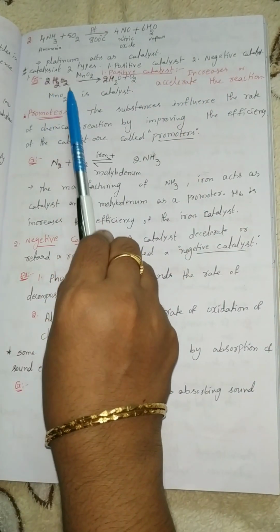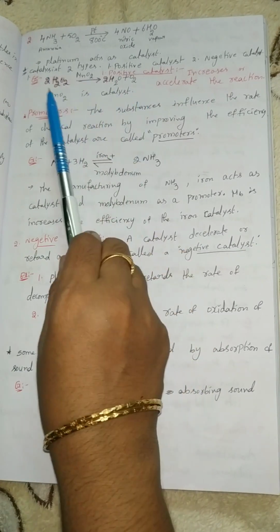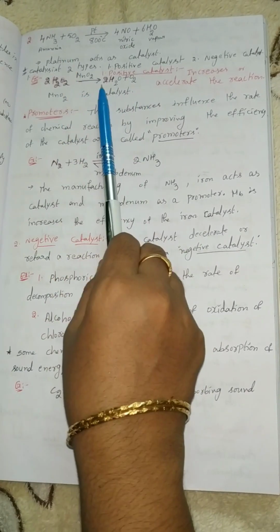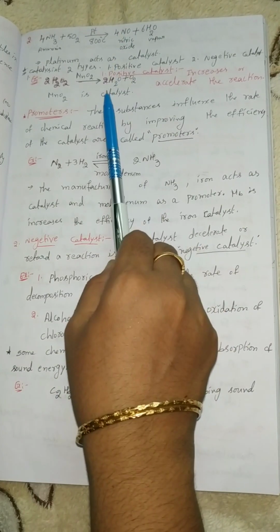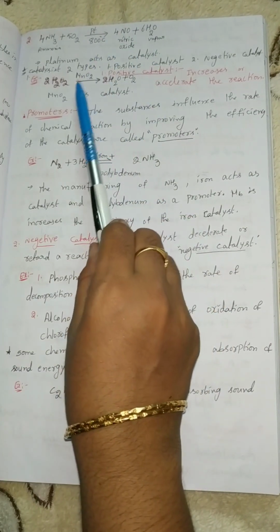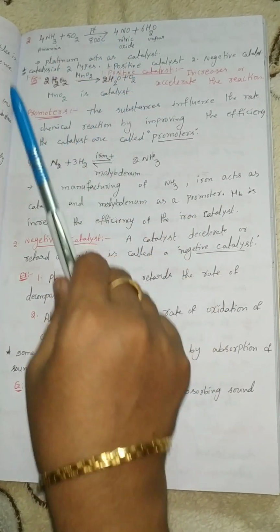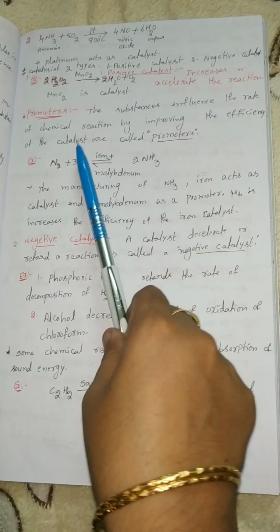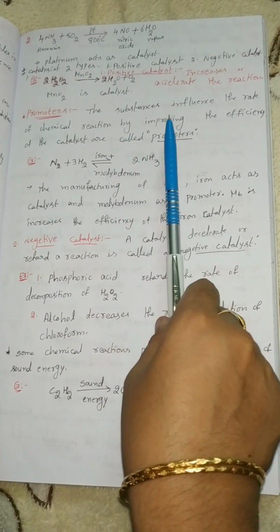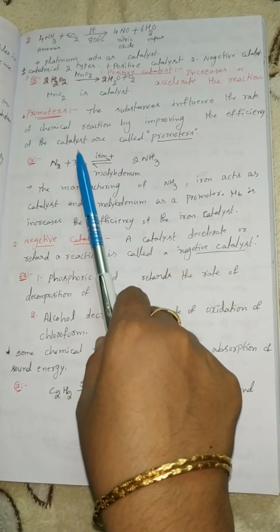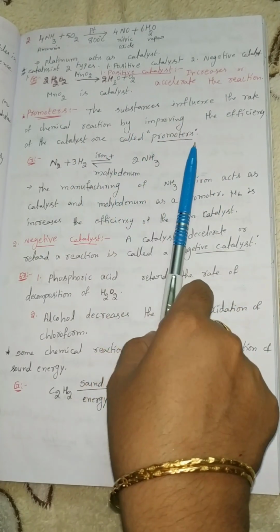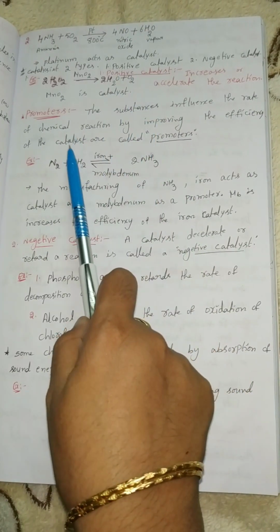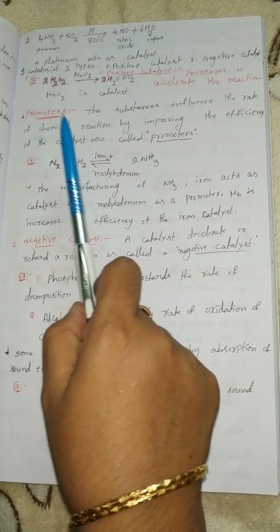For example, H2O2, hydrogen peroxide, decomposes and forms water and oxygen. Here manganese dioxide is the catalyst. Promoters: substances that influence the rate of a chemical reaction by improving the efficiency of the catalyst are called promoters. So they increase the capacity of the catalyst.